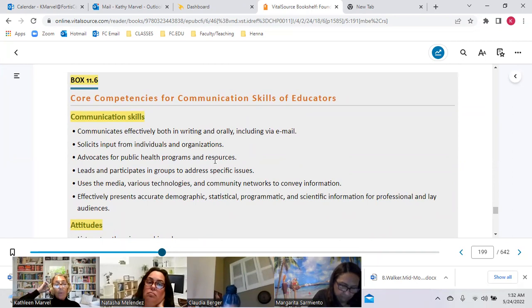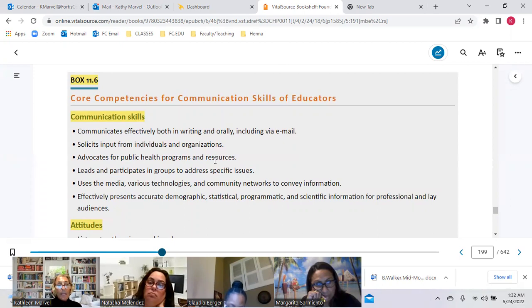Think of nursing as a whole, right? Communicate effectively, both in writing and orally, including via email. You're going to be communicating with team members, with doctors, and with other medical teammates. You need to be able to communicate effectively, both writing and orally.